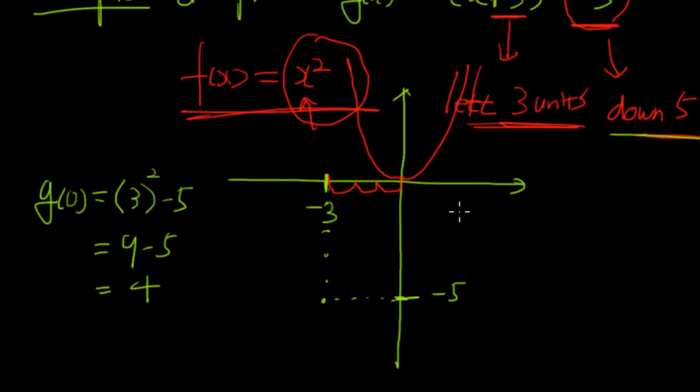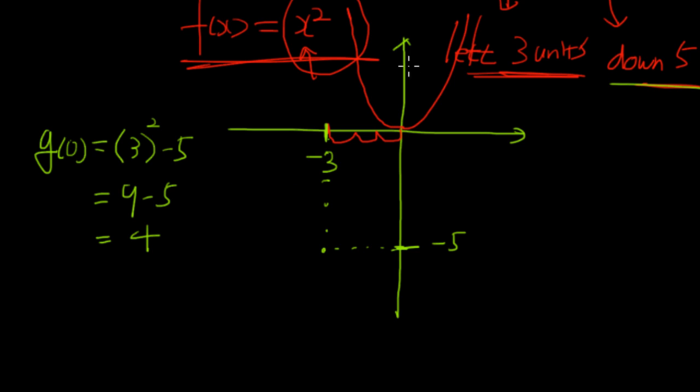So we know that it's going to pass, well, we extend this line, and let's say that's 4. It's going to pass that point. It's kind of difficult to graph, but I'll do my best. It's going to hit that 4, right?